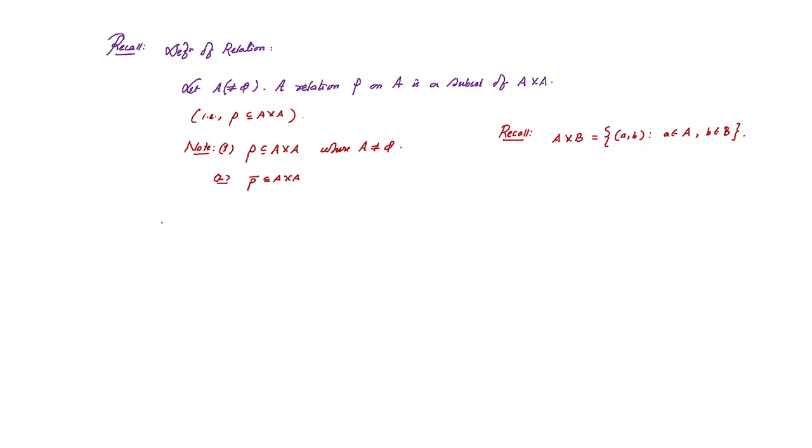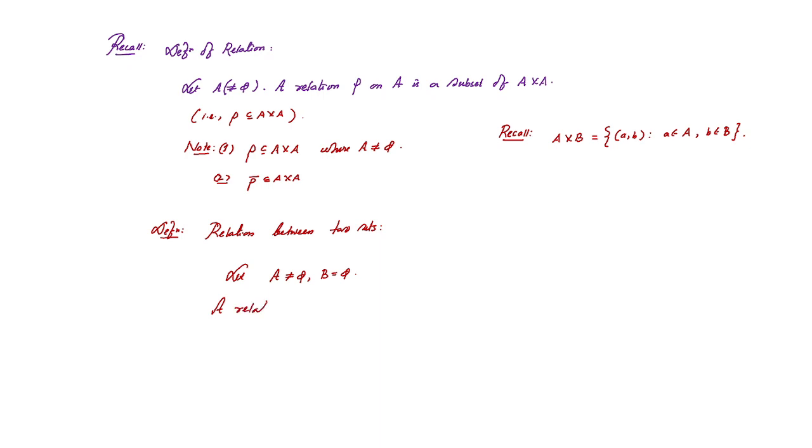Now we'll come to another important definition. If A is non-empty and B is also non-empty, what is meant by the relation between two sets? Here let us consider A and B both non-empty sets.